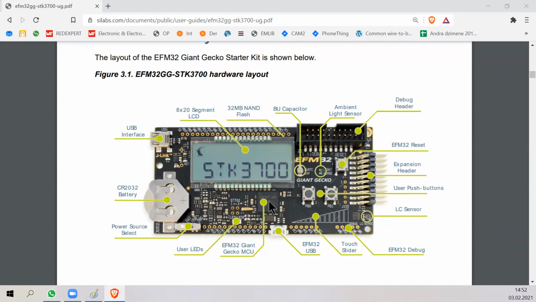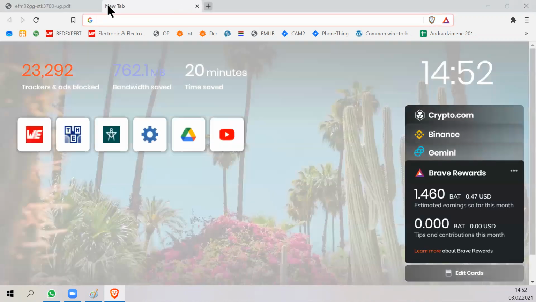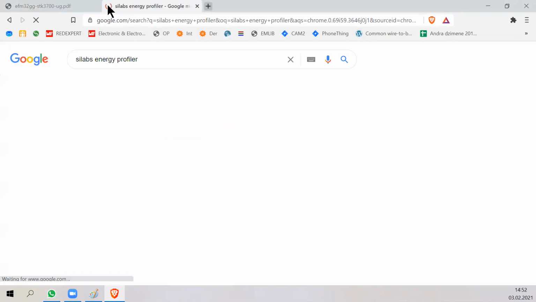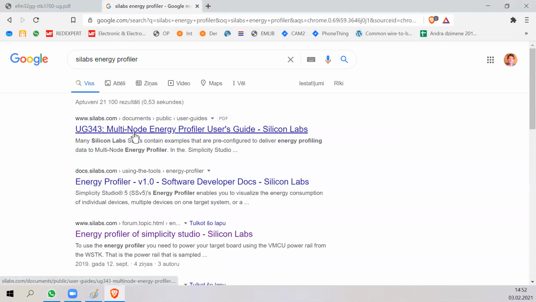So they are focusing on low power consumption mobile microcontrollers. So they have a development kit which has built-in current measurement. It is called Silicon Labs Energy Profiler.